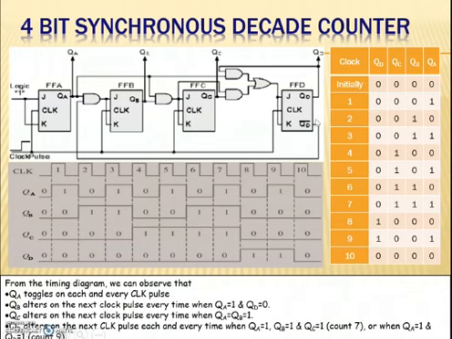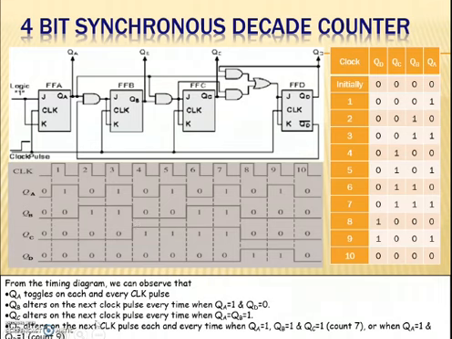When QD is equal to 0, QD bar is equal to 1. So only when these two are high will QB alter its state.